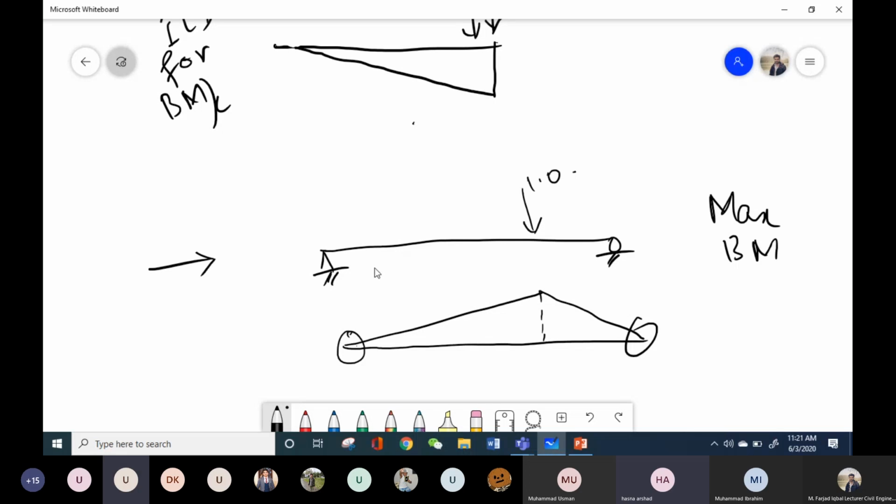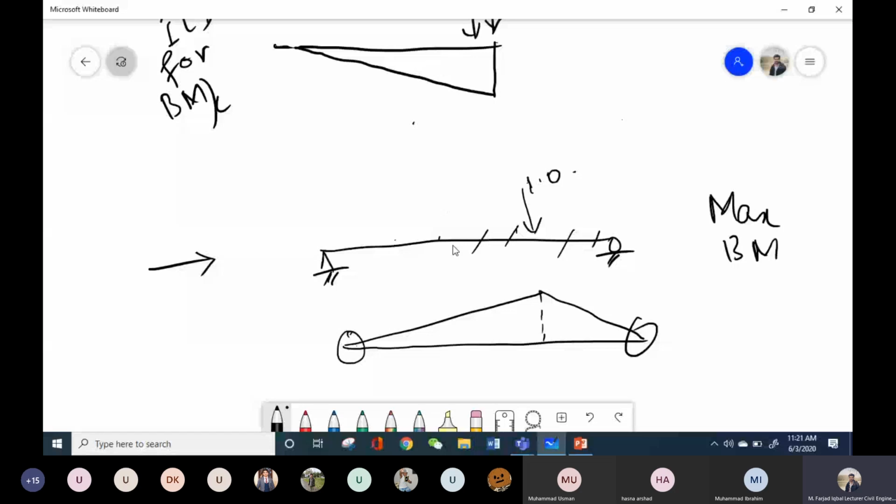Wherever we place the load, the maximum will be there. Exactly. Actually, the maximum bending moment will be at a point where we place the load. But it would be a hectic procedure to place the load at all the points on the beam, calculate the bending moment at those points, and then figure out at which point the maximum value exists out of all.